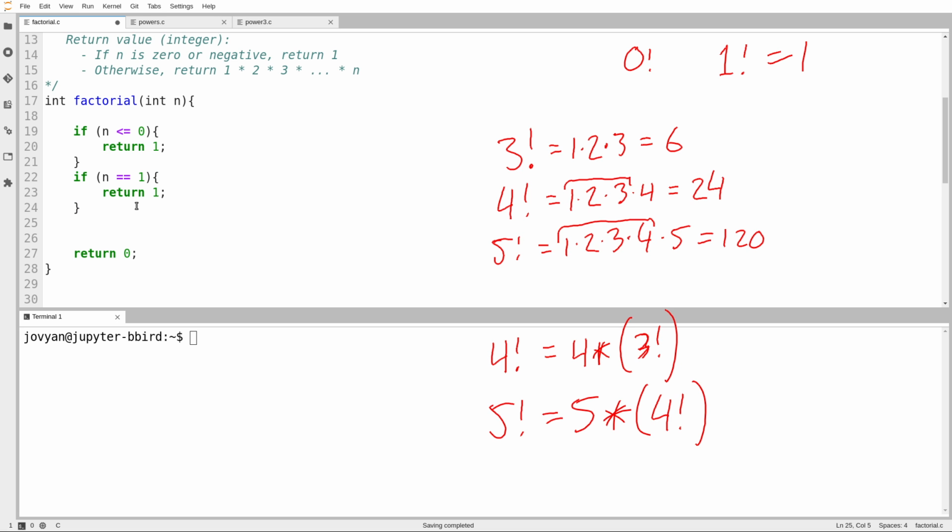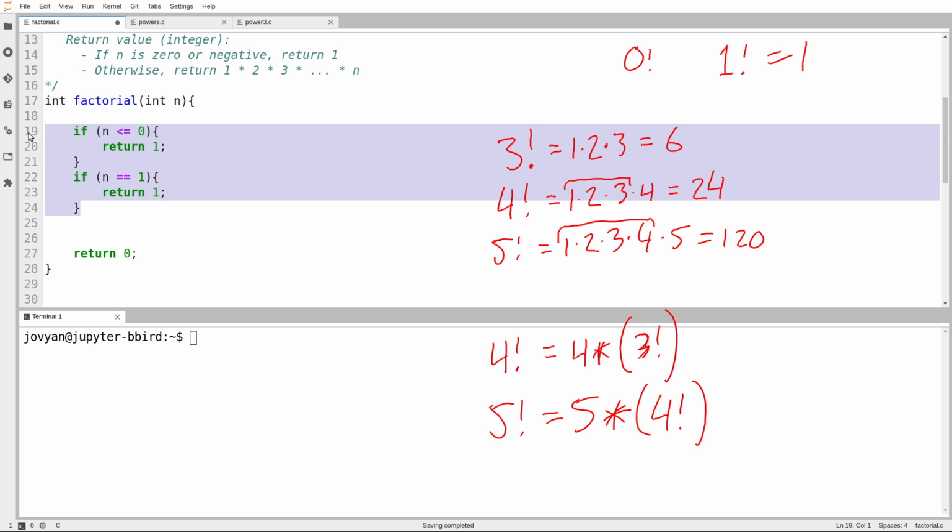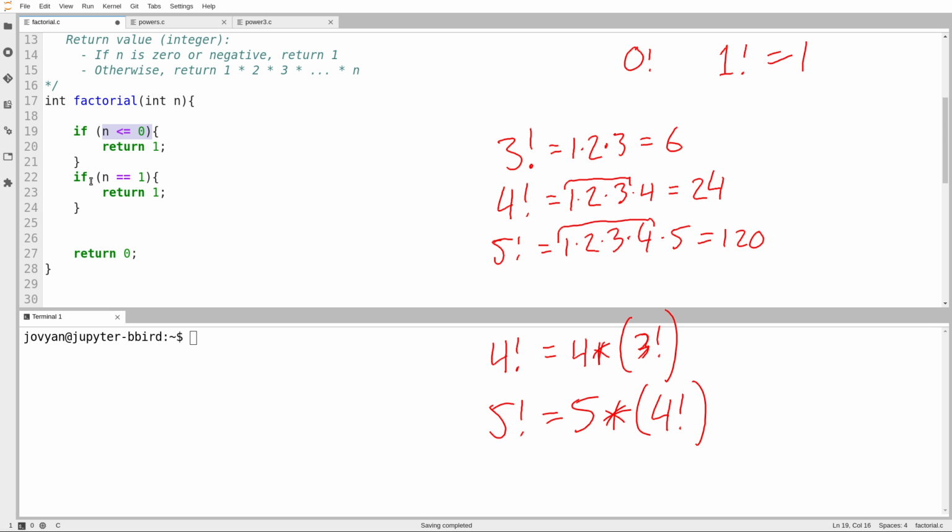And then you get a value that's at least 2. Because we know that with these 2 if statements, that covers the case where n is 0 or negative and the case where n is 1. Which means if I get down to line 25, I haven't already returned from the function, and that means that n is at least equal to 2. So what's 2 factorial? 2 factorial equals 1 times 2.